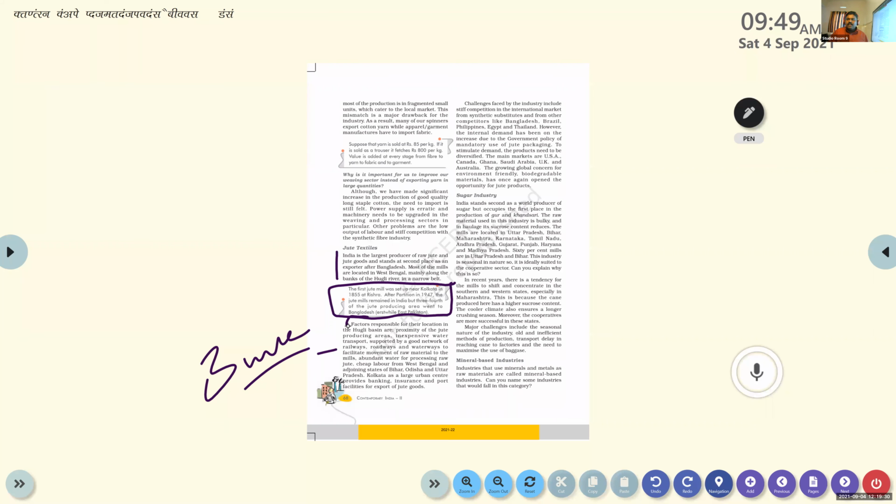So transportation is cheap; inexpensive means they don't have to spend more on transportation.